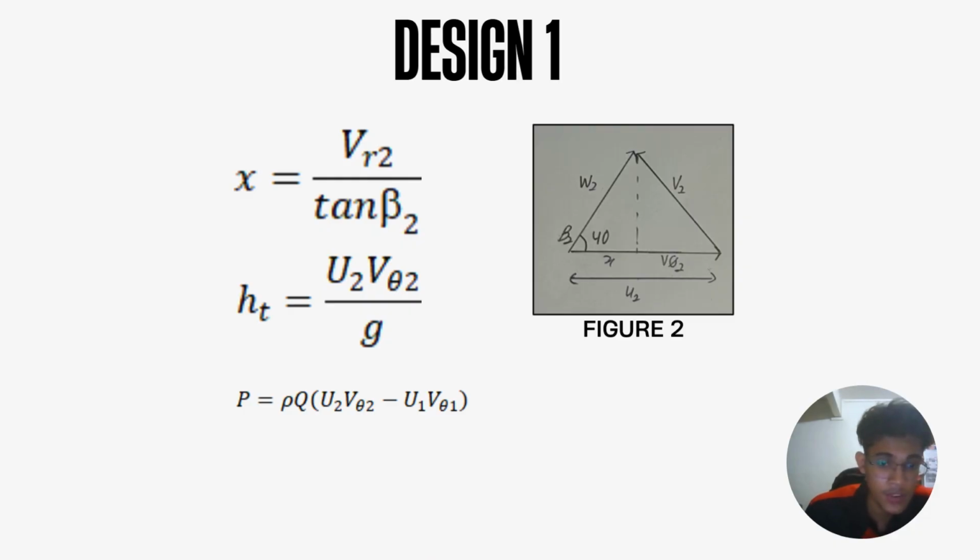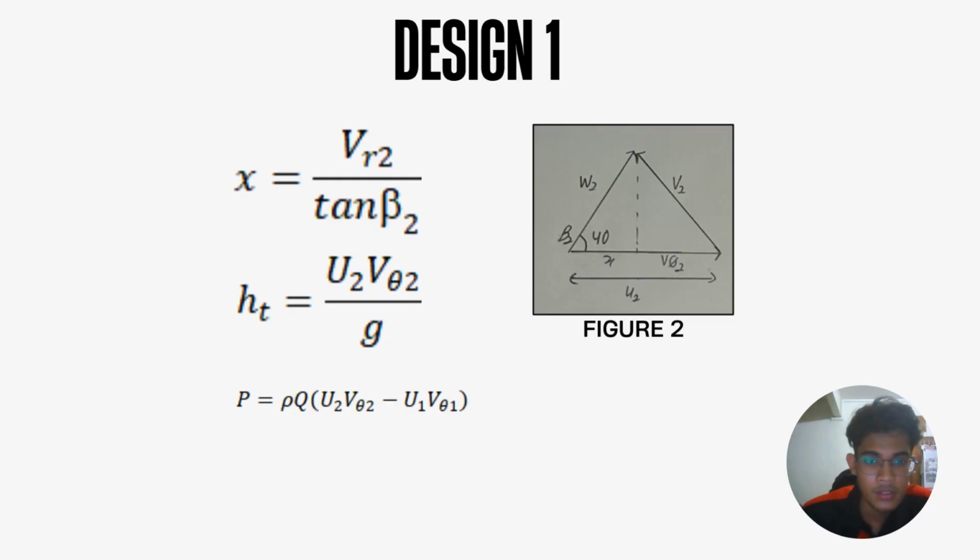First of all, we must find the outlet velocity, which is U2 equal to R2 multiplied by omega. And we already know the angular velocity, which is 261.80 radians per second, and we just multiply by the outlet blade radius, which is 0.1 meter.